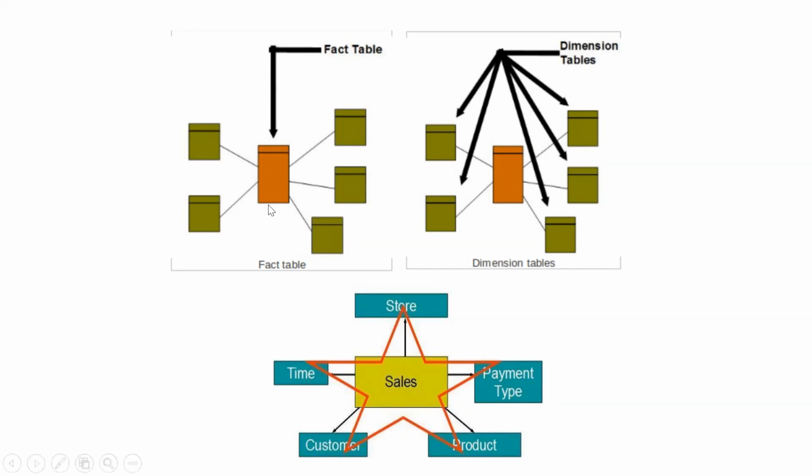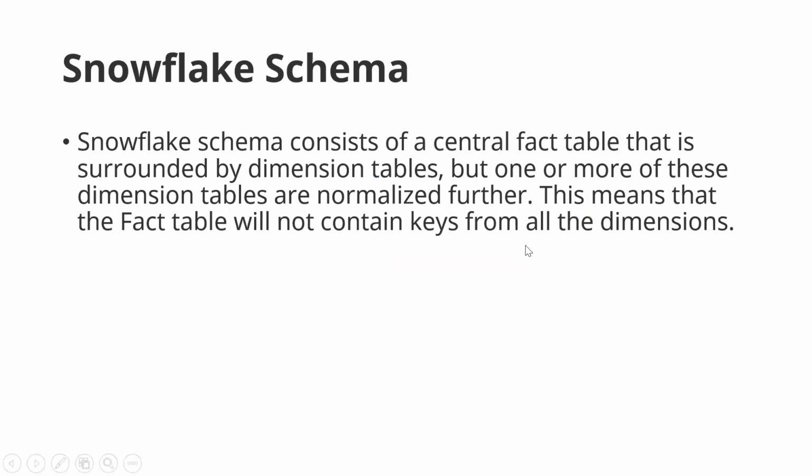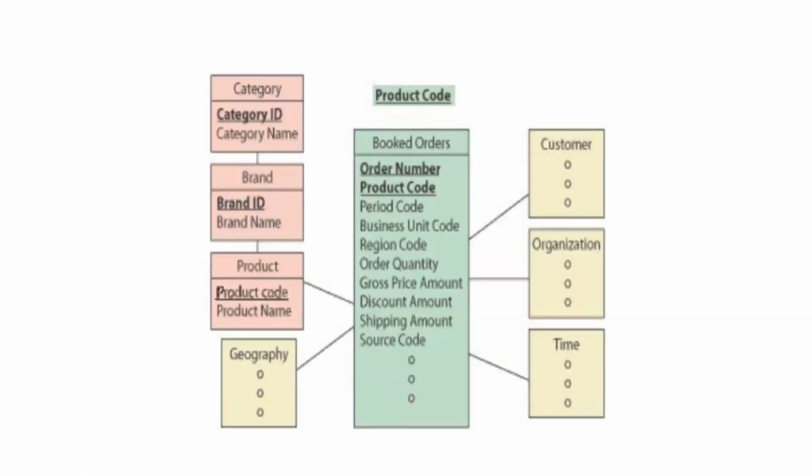This is the fact table. Those are dimension tables. Now, what is snowflake schema? Let me show you an example. In snowflake schema, you can see there is a fact table, and those dimensions are similar to star. But you can see these brand and category tables are not directly tagged with the fact table.